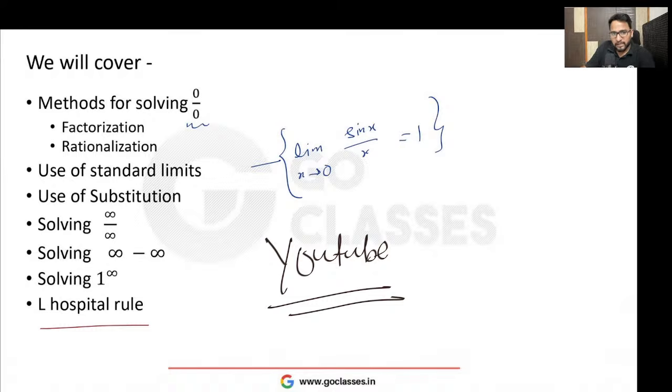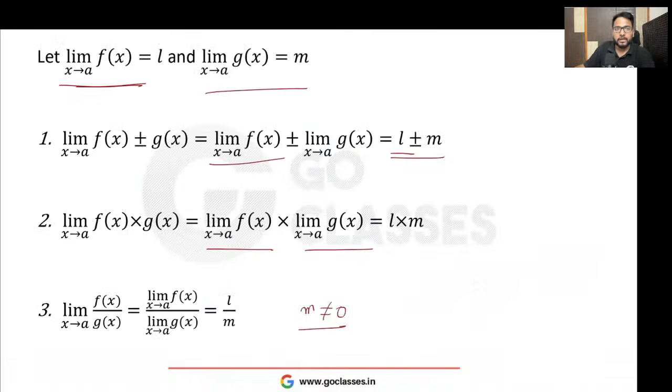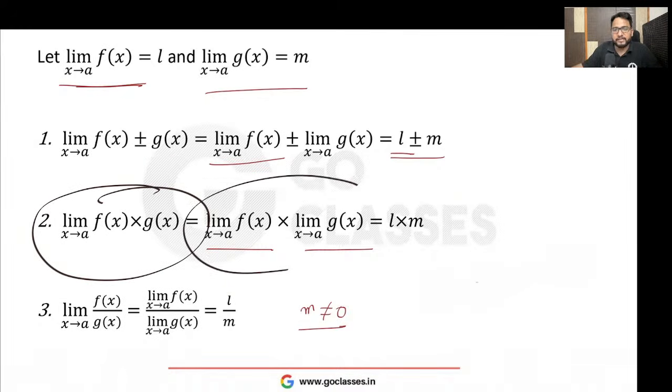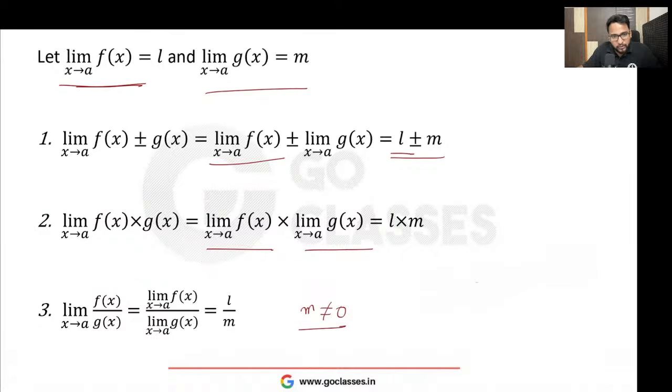Now let's see the use of standard limits and other forms, other tools to solve the questions. Before that, there are a few identities. If you have plus or minus, you can definitely take the limit inside. In all the cases you can take the limit inside. If you have multiplication, you can also take the limit inside. If you have division, you can take the limit to the numerator and denominator.